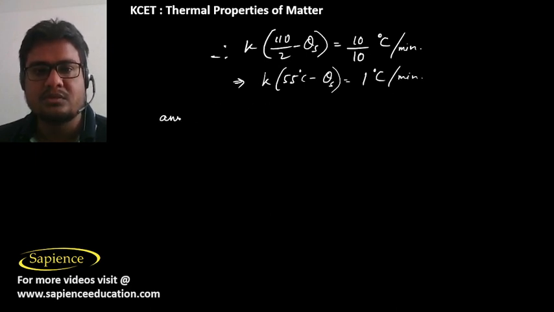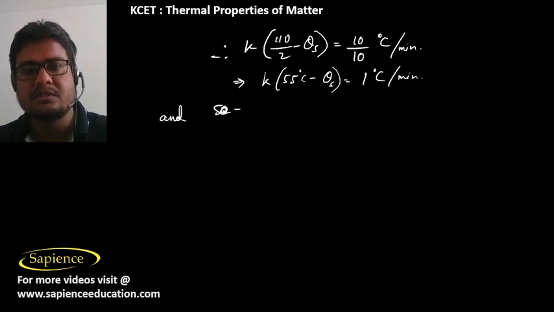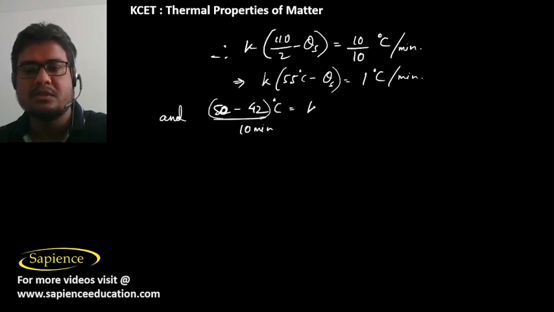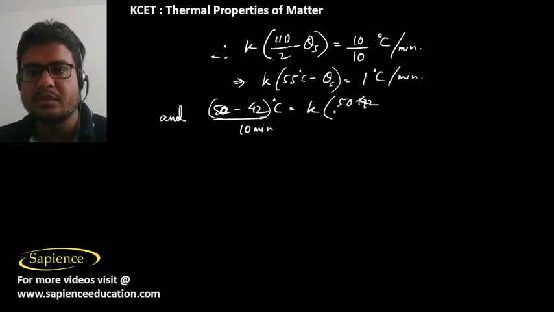And then also we can see 50 minus 42 by 10 minutes, in degrees Celsius, equals K into 50 plus 42 by 2 minus theta s.